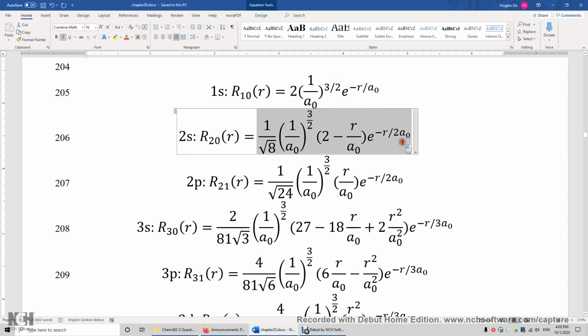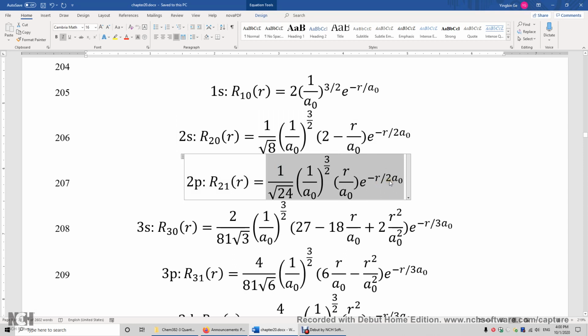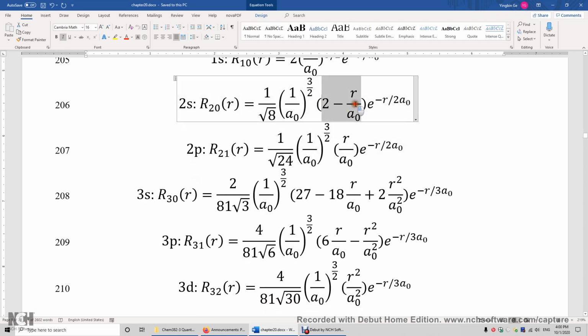Now over here, this is the 2s orbital. You are looking at the radial function of the 2s orbital. This is the radial function of the 2p orbital. If you compare them, you'll see over here, there's a spherical nodal surface, r equals 2a naught. So when r is equal to 2 times 0.529 angstroms, this radial function is 0.